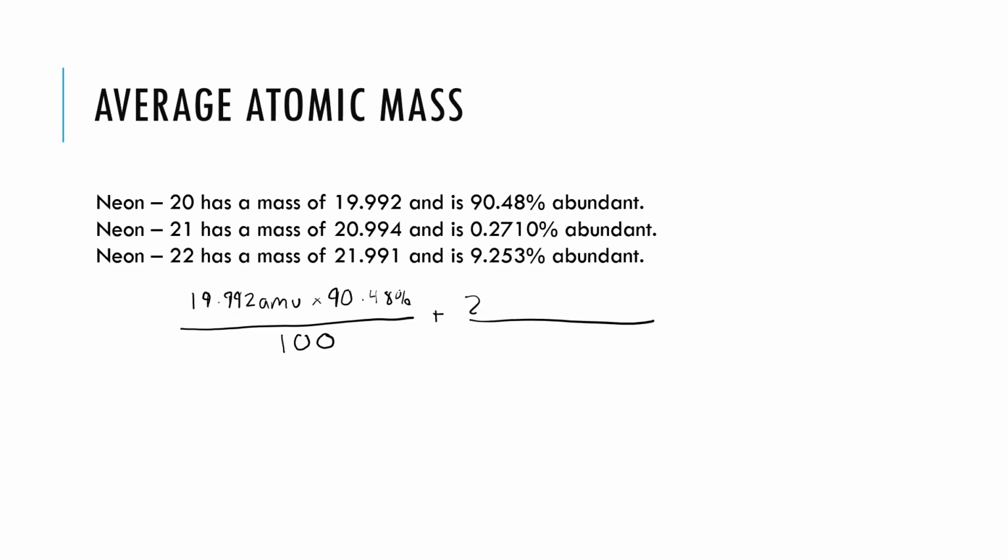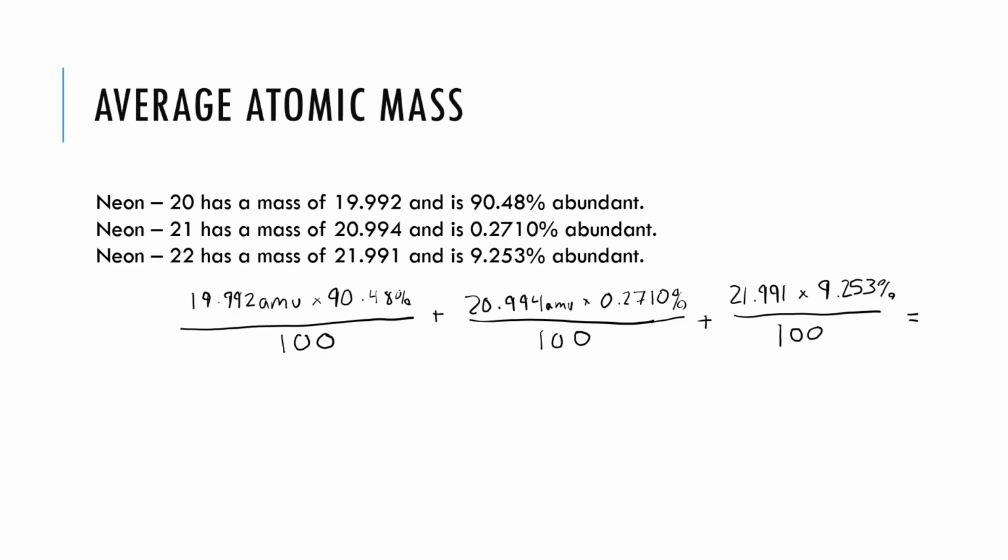We're going to take 20.994 AMU, multiply it by 0.2710%, divide by 100. And then finally, we're going to take our last one, which is 21.991 times 9.253% divided by 100. Now those are our three isotopes for neon.